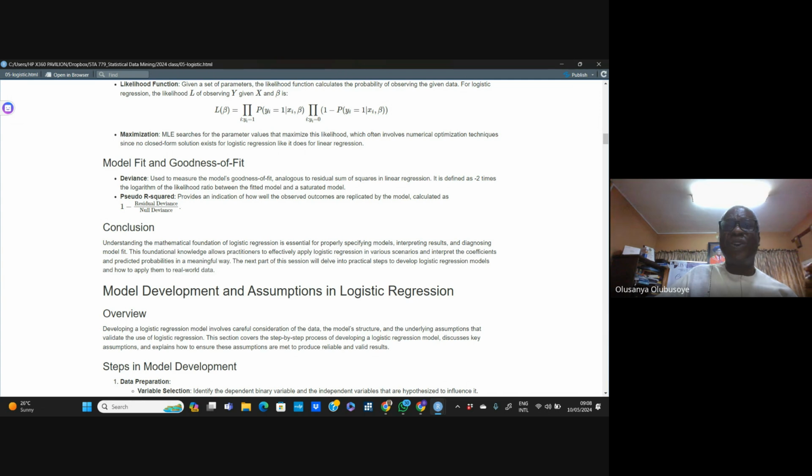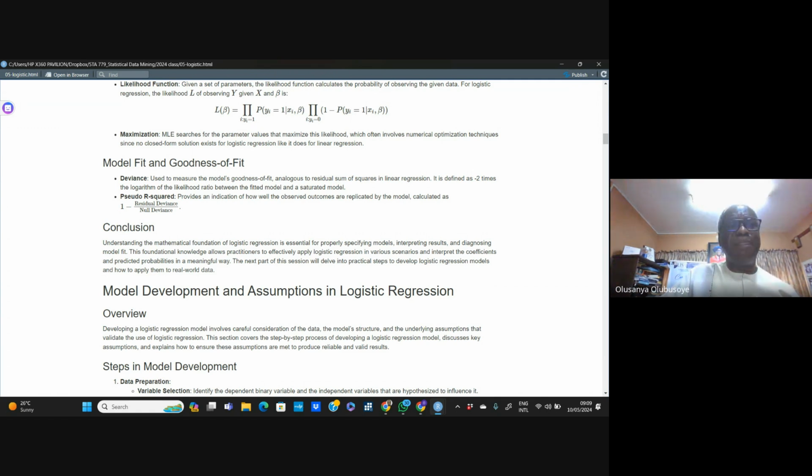So you talk about deviance. The deviance is the departure from the predicted logit. That gives you the model's goodness of fit. It's similar to the residual sum of squares in linear regression, but we don't call it residual, but rather deviance.